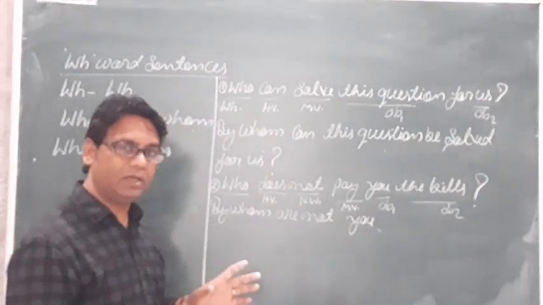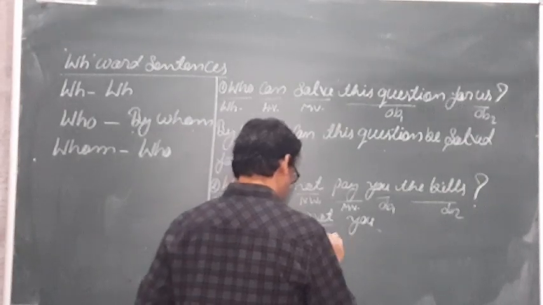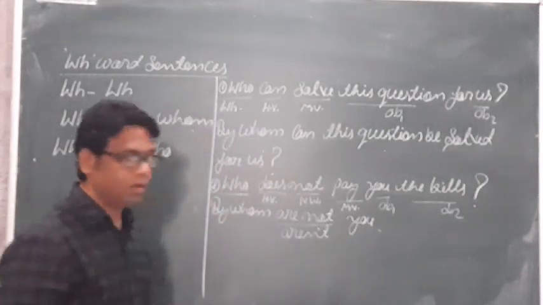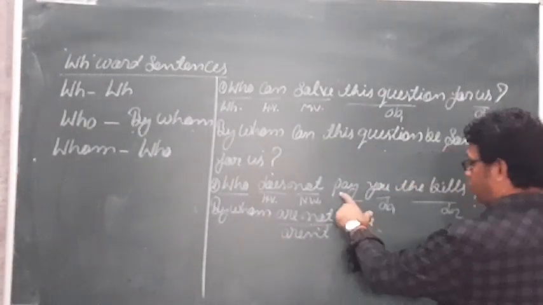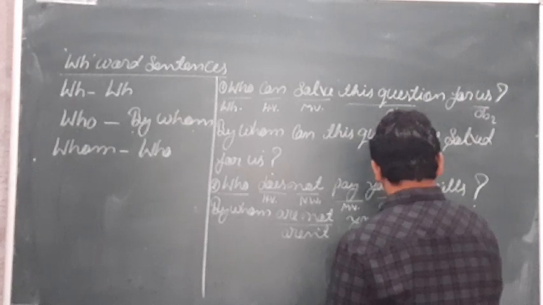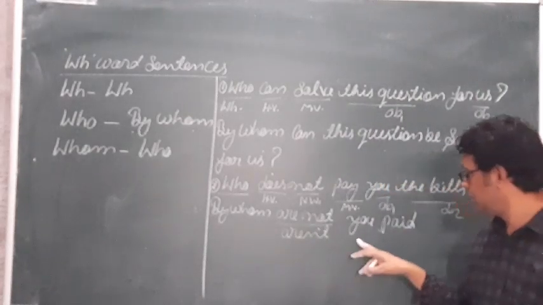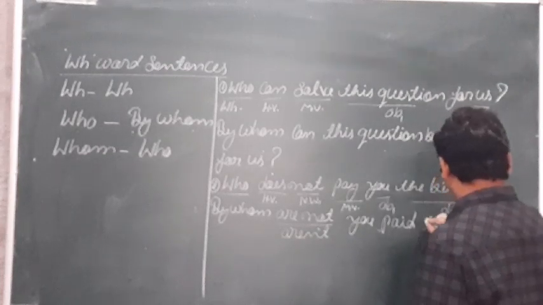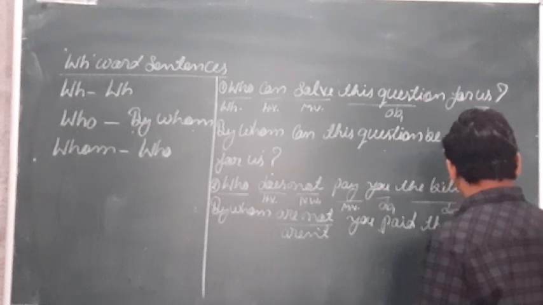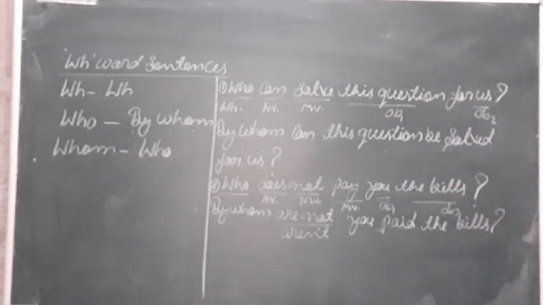We can write it in short form like aren't. Okay. Now the third form of the verb, paid. By whom aren't you paid the bills? Question mark. So this is how we will change the WH word and who.